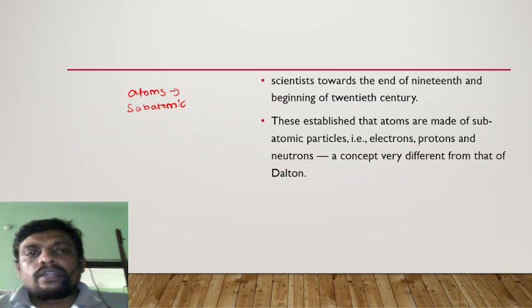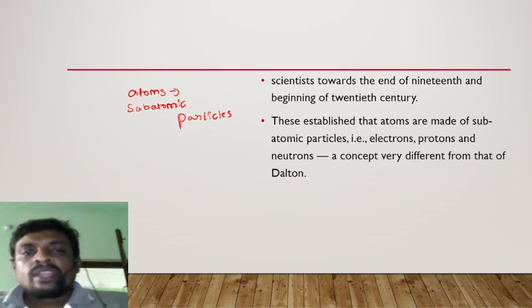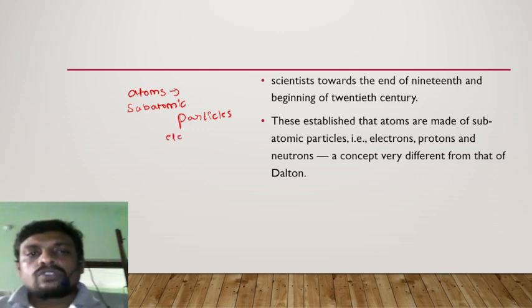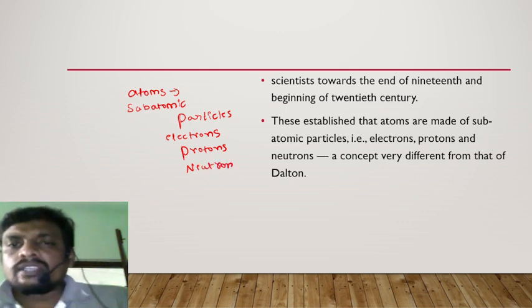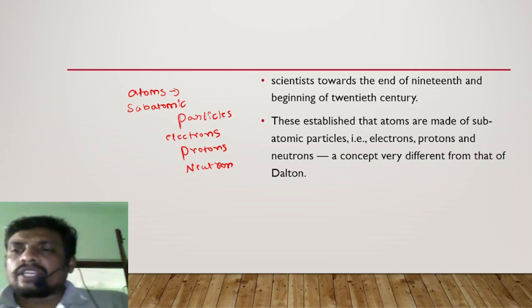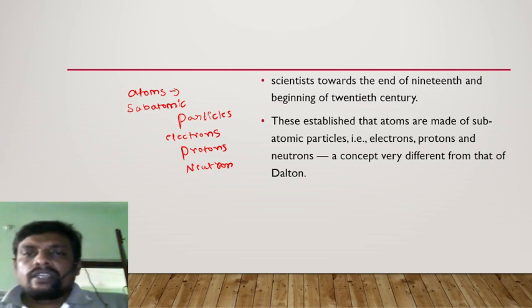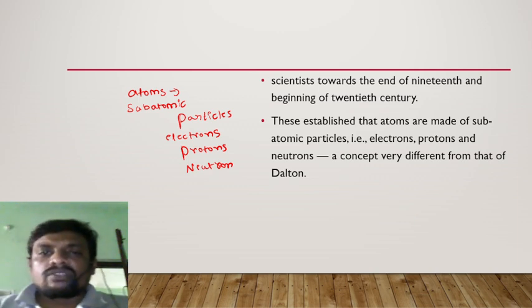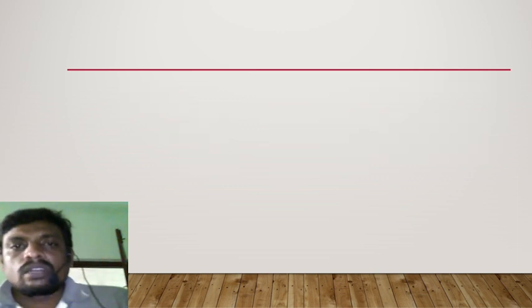These subatomic particles are electrons, protons, neutrons and so on. So a concept that is significant in describing these structures, different from that of Dalton, we are also going to see.